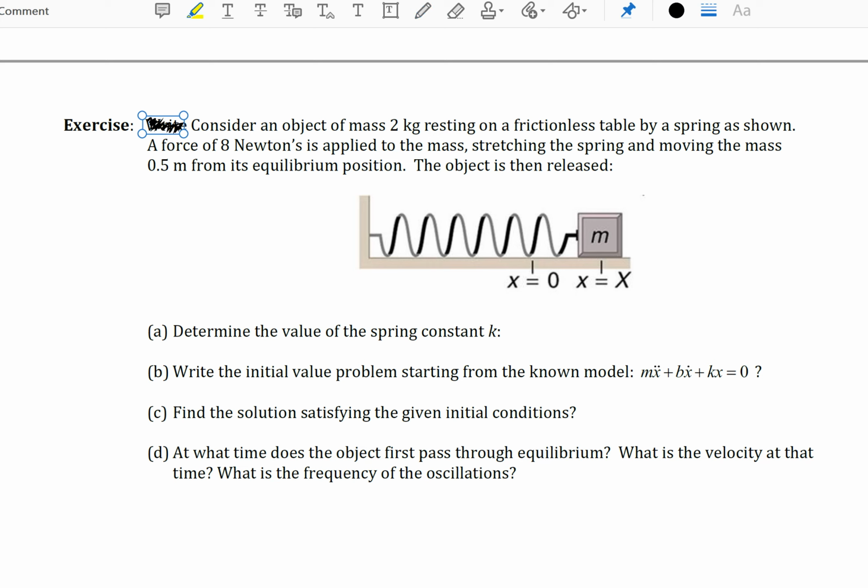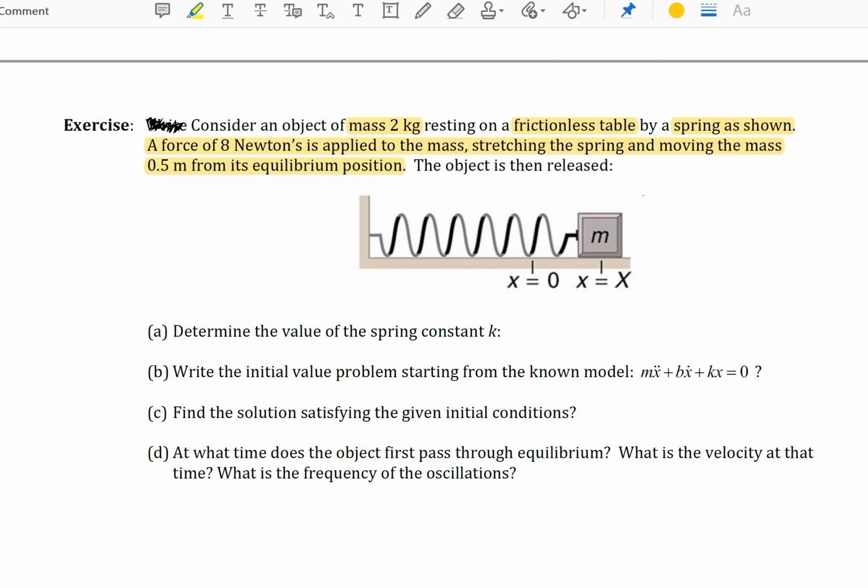An object of mass 2 kilograms is resting on a frictionless table by a spring as shown below. A force of 8 newtons is applied to the mass, stretching the spring and moving the mass 0.5 meters from its equilibrium position. The object is then released.